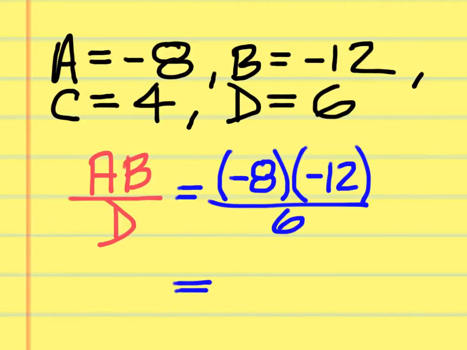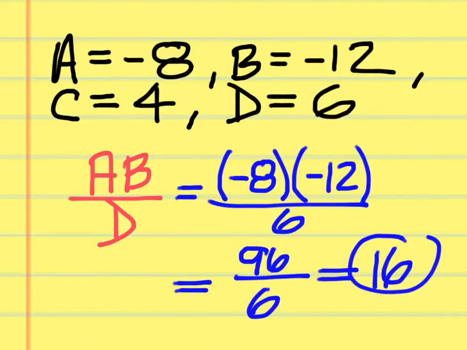I have two negative signs on the top, so that means the answer for the top is what? It's a positive. So 8 times 12 is 96. On the bottom you just have a 6. Positive divided by positive is what sign? Positive, yeah. So 96 divided by 6 is 16.